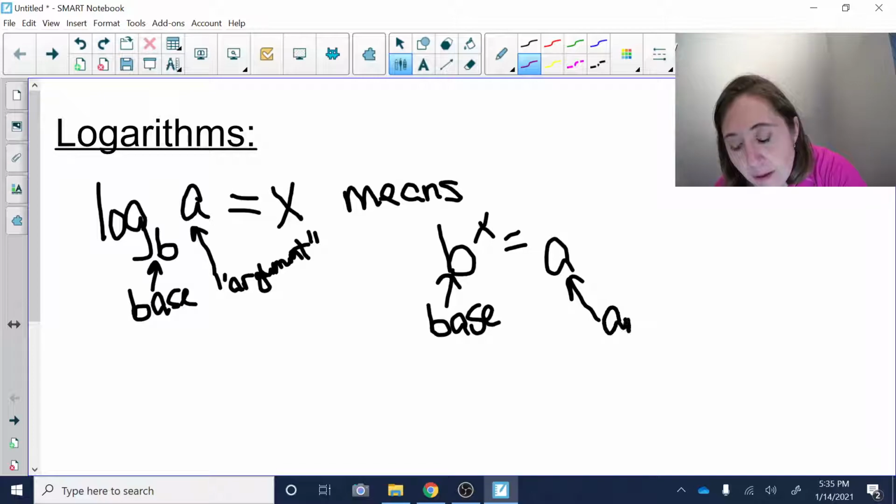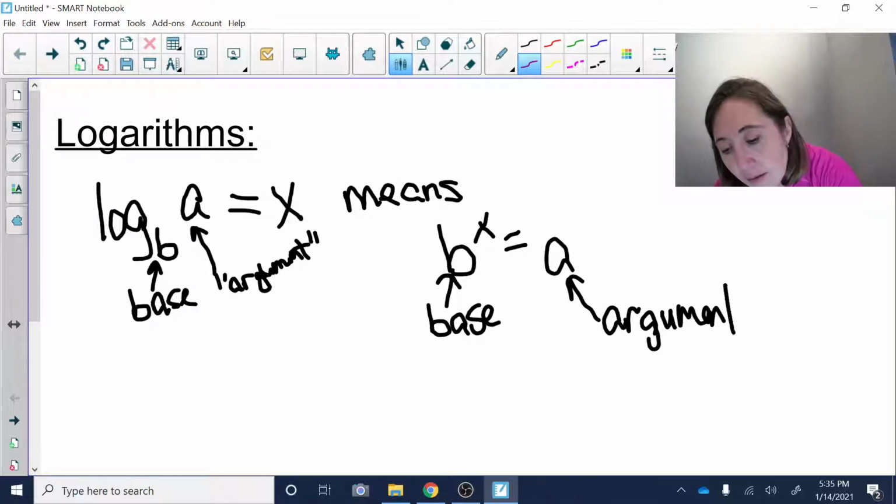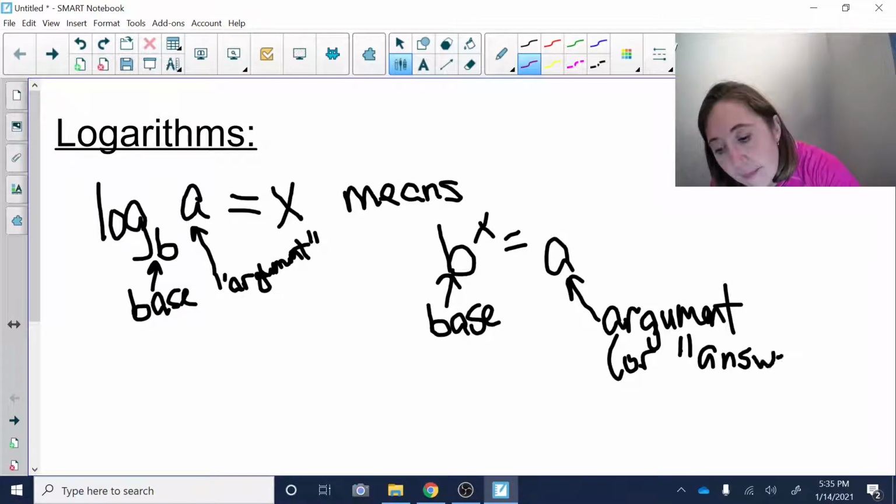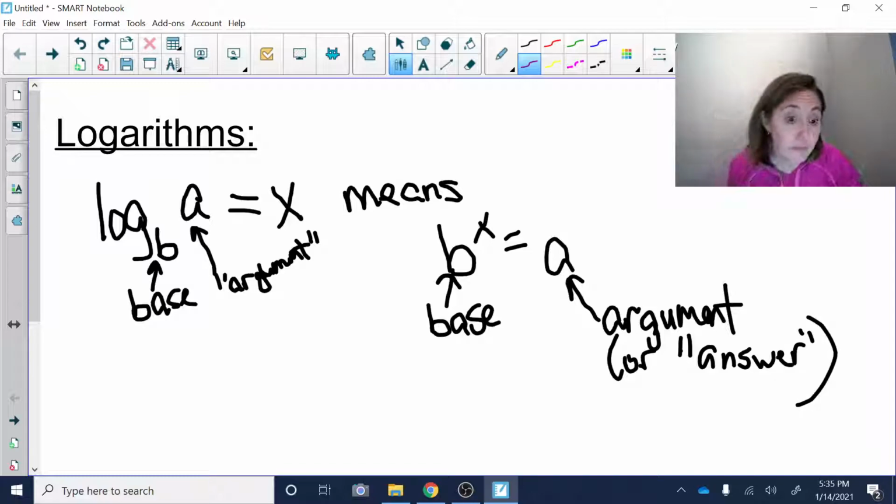So argument. Or you can think A for answer. So that's the argument. And the x is the exponent.